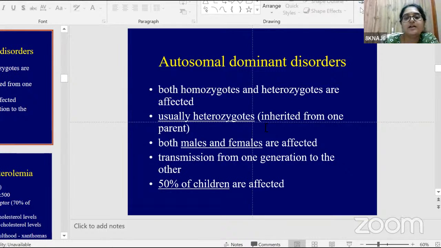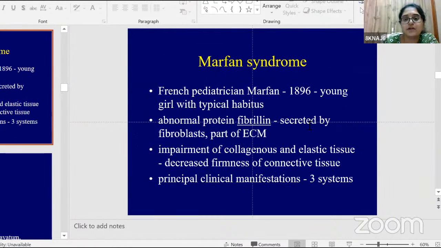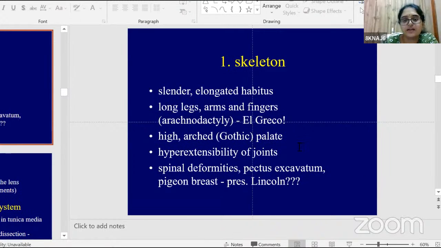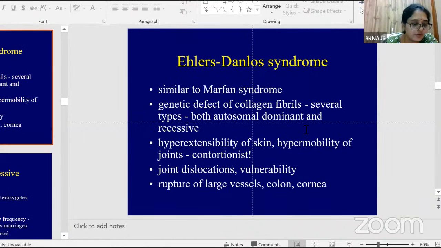You also have familial hypercholesterolemia, Marfan syndrome. They have given the examples and what exactly happens during that, so all this is not exactly necessary. There is also cystic fibrosis.